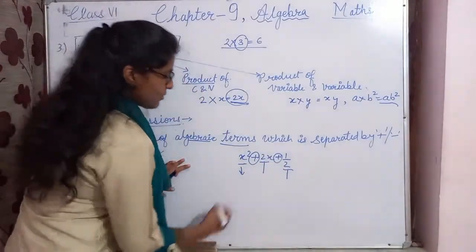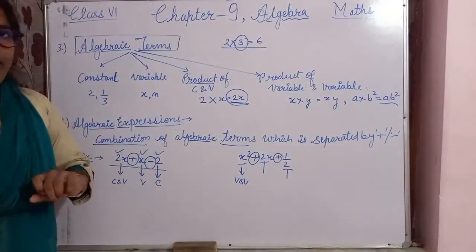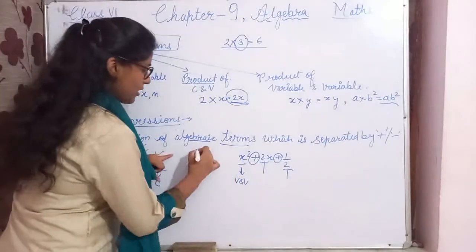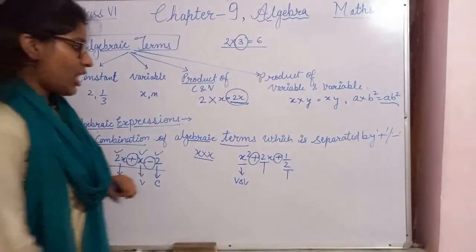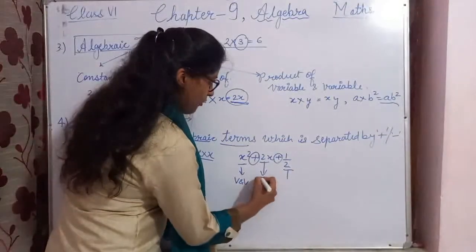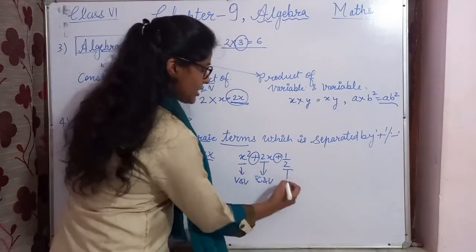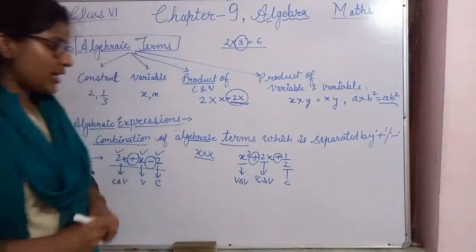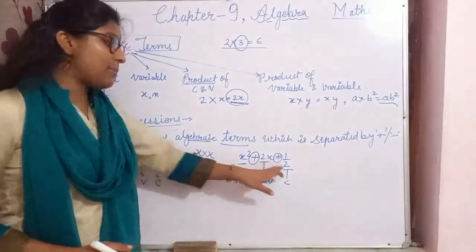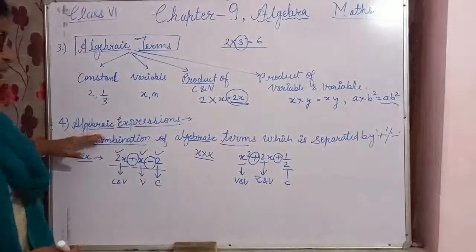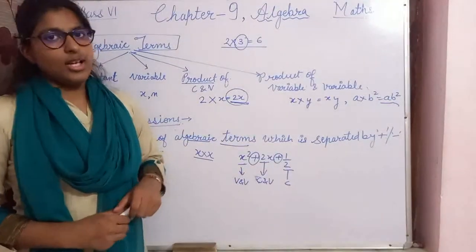The first term is a product of variable and variable, because x square means x into x. Now 2x is the product of constant and variable, and this is a constant. So again it is a combination of 3 algebraic terms separated by plus sign. So an algebraic expression is a combination of algebraic terms separated by plus or minus sign.